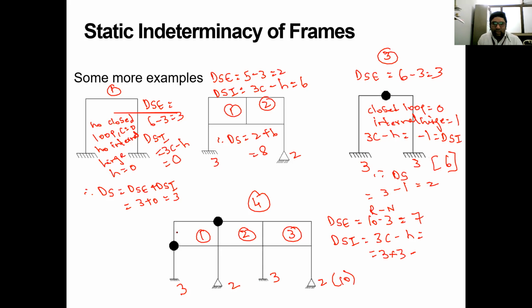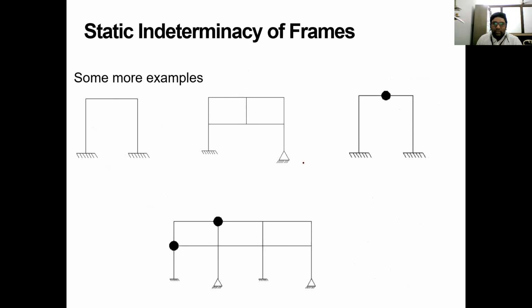That is equal to 3 into 3 minus internal hinge IH1, IH2. So 2 internal hinges. That is equal to 7. Therefore, DS is equal to DSE plus DSI, that is equal to 14. Wonderful. We are going very good, at a good pace. So 14 total. These 4 are very important problems for you to practice.